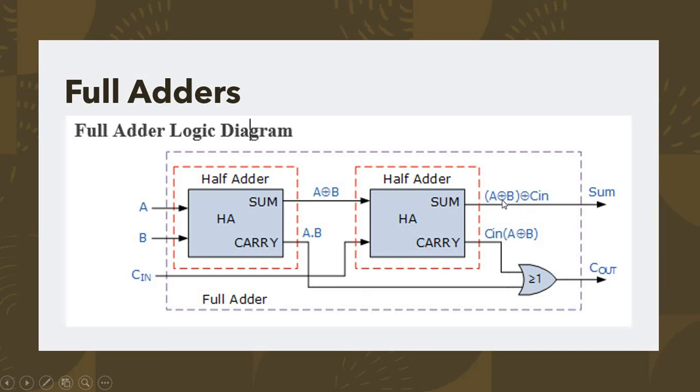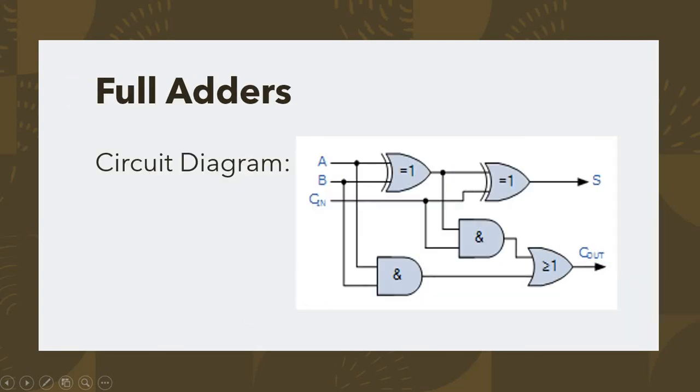That is why you have A XOR B, and then XOR C-in. Take note that the gate you use for the sum is the XOR, and for the C out, the gate you use is the AND gate. So again, this is the circuit diagram.